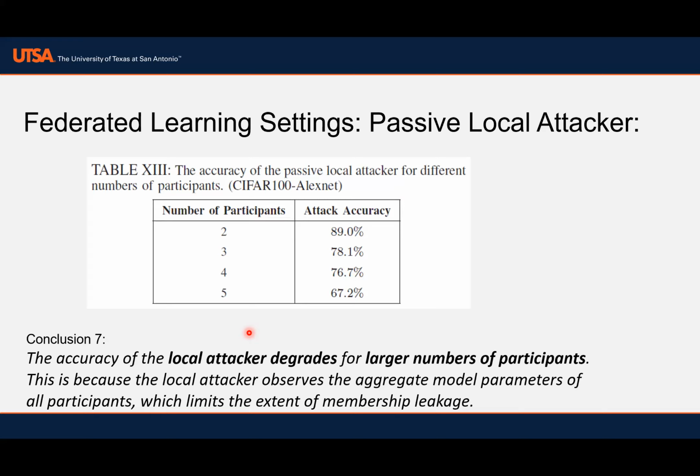It's because the local attacker observes and aggregates the model parameters of all participants, and some other participants would influence the local parameters. That means it will limit the extent of the membership leakage.